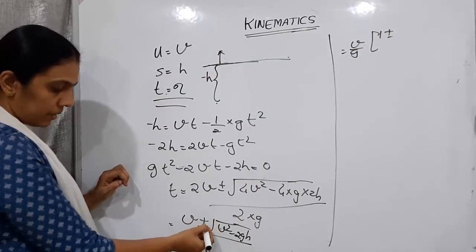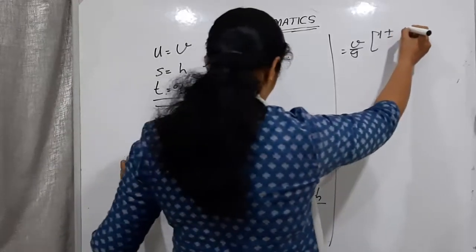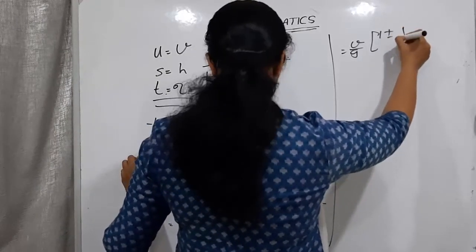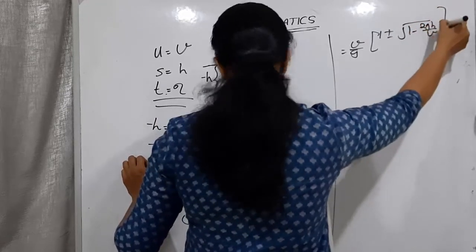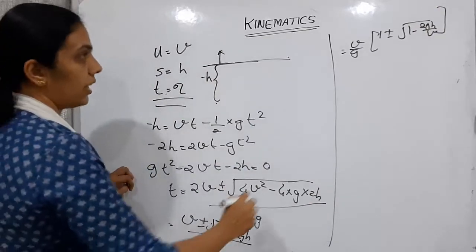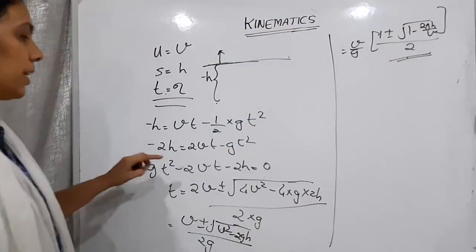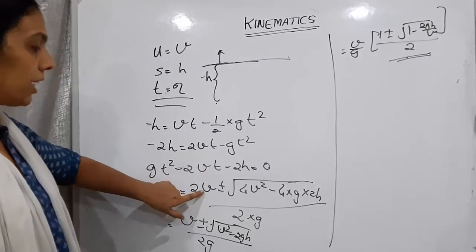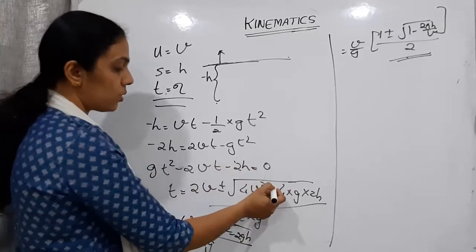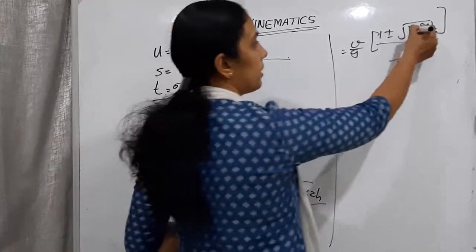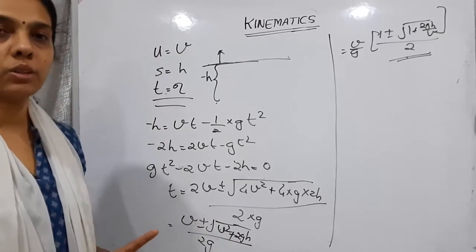While we are taking the v outside, here 1 minus root of 1 minus 2gh by v square. Okay, so like this we will be finding out this equation, minus b plus or minus root of b square minus 4ac, c is minus 2h only, right? So here you will be getting plus 2gh. This is how we will be finding out the answer.